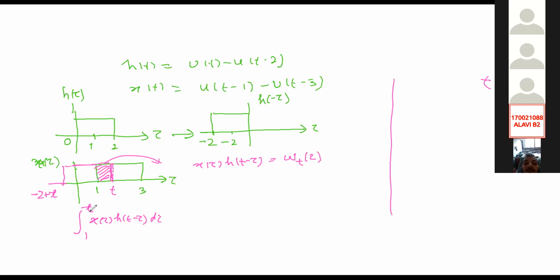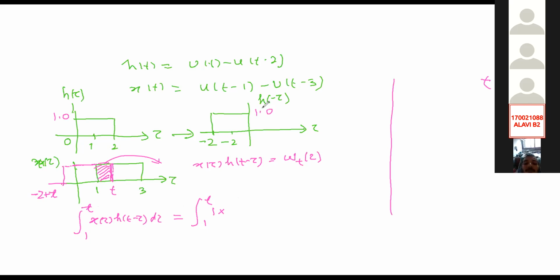So your t is variable. If you change the location of t, the value of this integral will change. We know that within that region, your signal x(tau) has a magnitude equal to 1, and your h(tau) has also the same magnitude. It can be 1 or other than 1, whatever it may be, as this is a pulse, your signal is constant within that region.